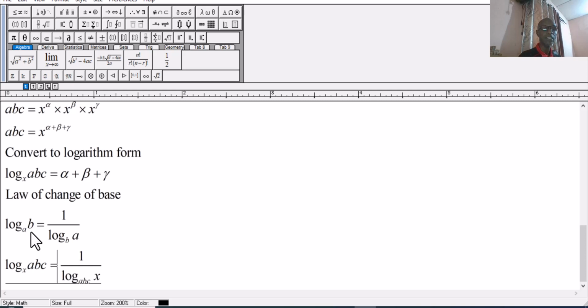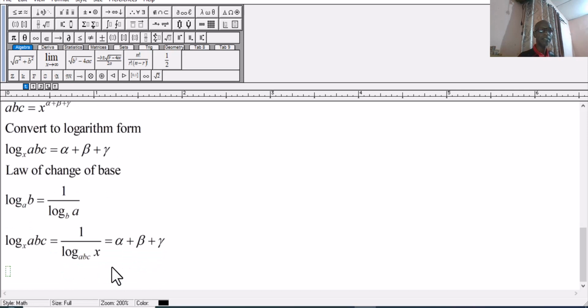Take note that this is the same thing as alpha plus beta plus gamma. But what we are asked to find is log x to base abc. So we are going to do that now.